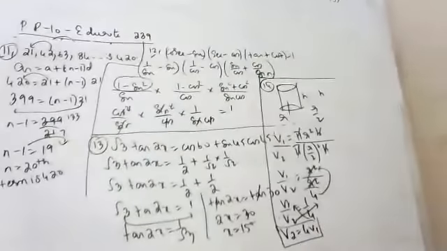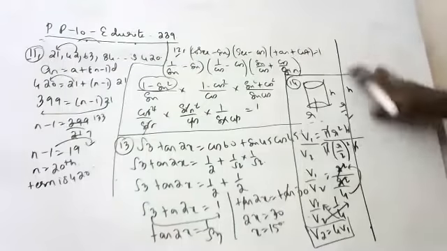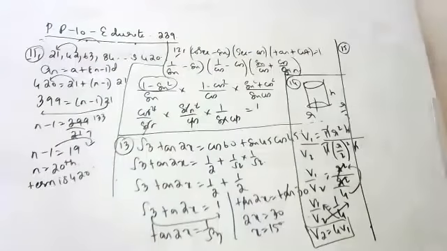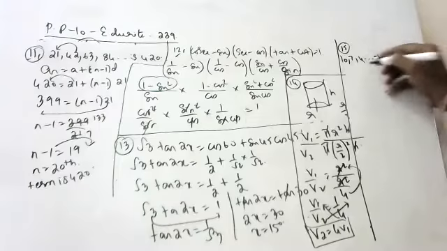Okay. Varshini is there. Varshini, you want to tell? Yes, sir. Come on. Which term of the AP 10, 7, 4 is minus 41? Same like this one.